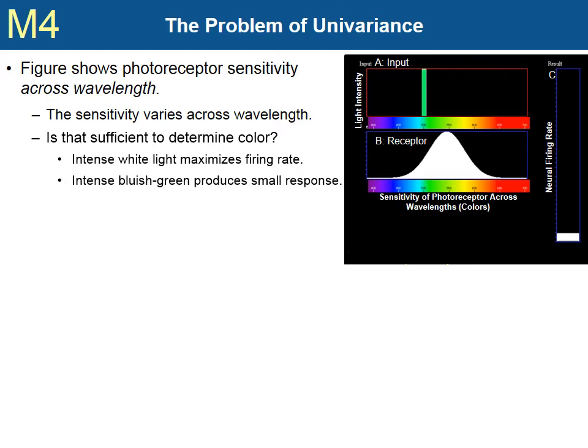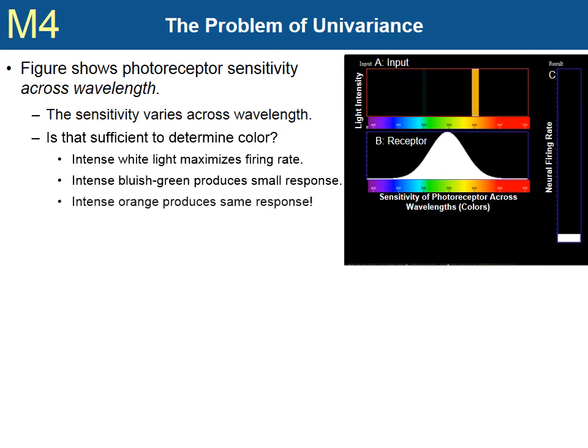Box A shows the bluish-green light being presented at full intensity. Box C shows the neuron is firing, but not at a particularly high rate. To continue the experiment, we now present an intense orange light. Box C shows that the neuron is firing at the same rate as it was to the blue-green light.